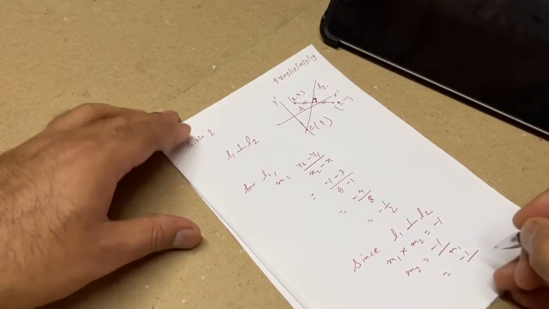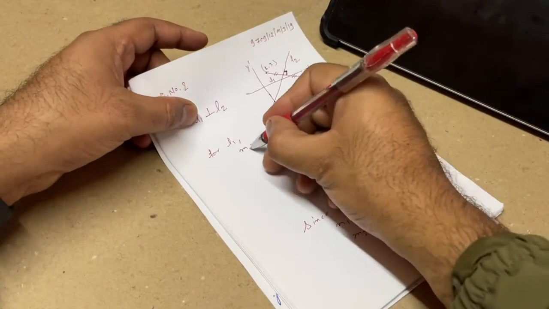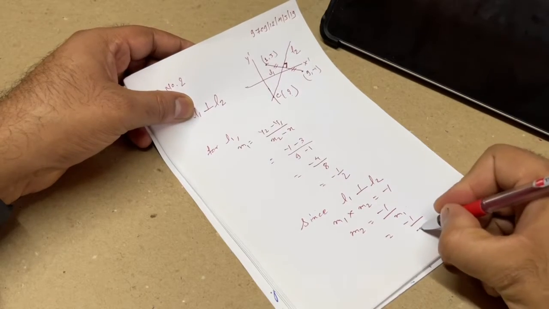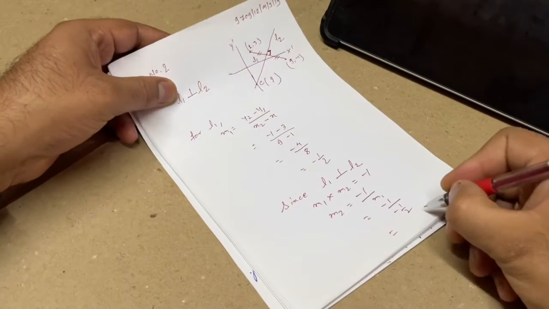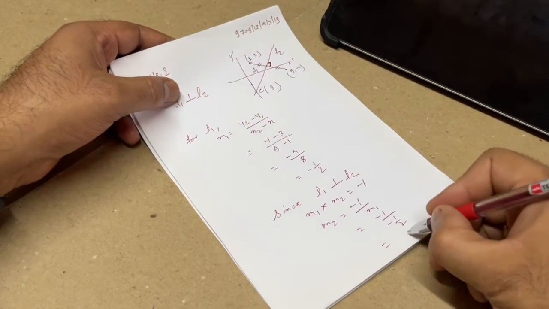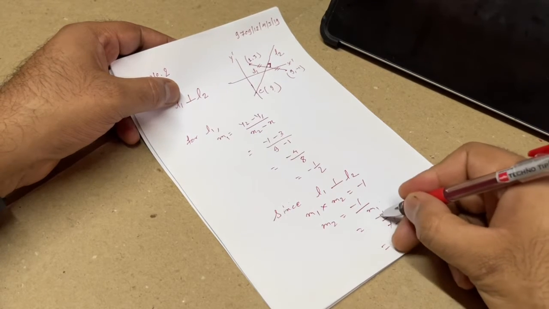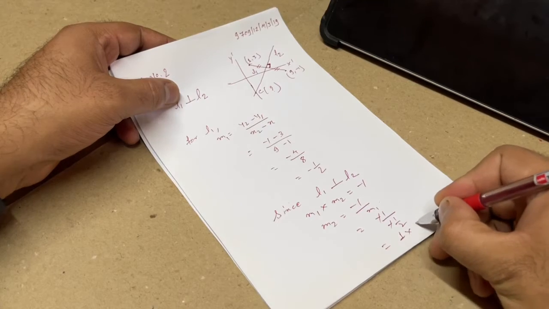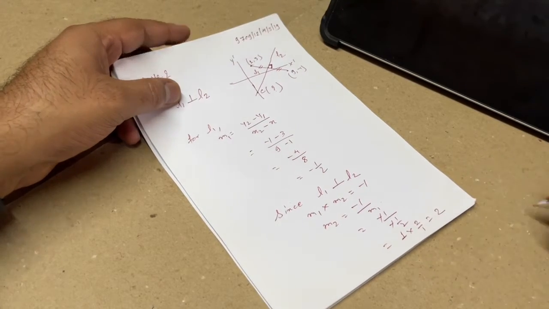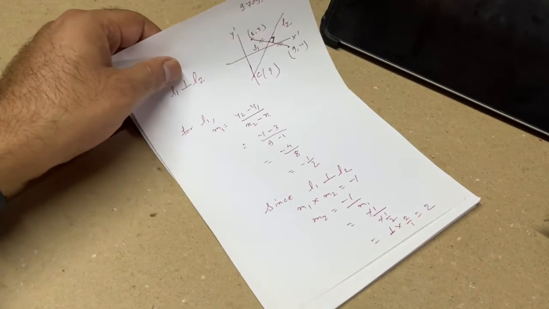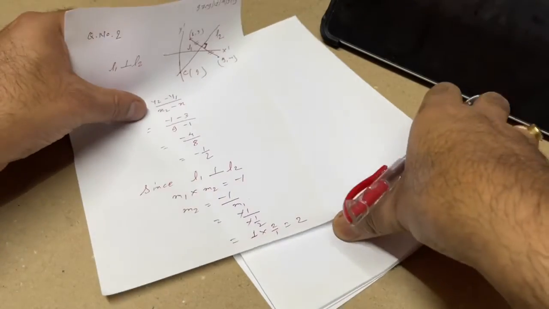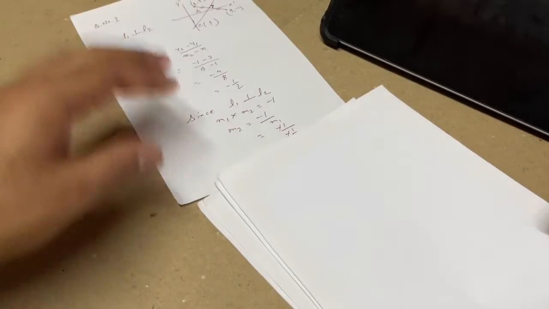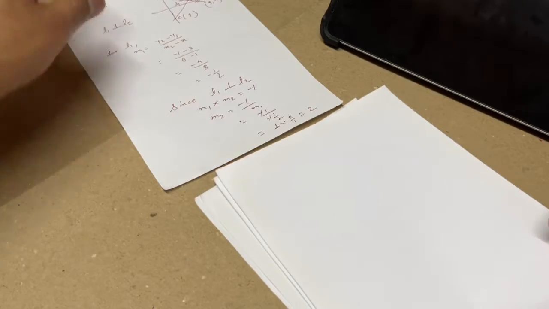What is m1? You have just calculated it above: -1 over 2. Now just do the reciprocal, and you can eliminate the minus signs. So you get 1 times 2 over 1, which is 2. Now, after getting the slope of L2, this is the slope of L2.